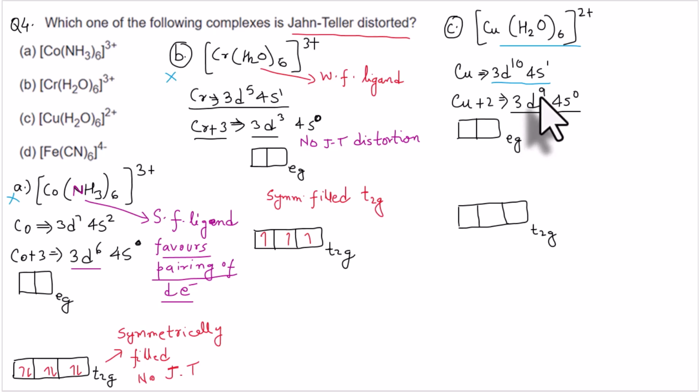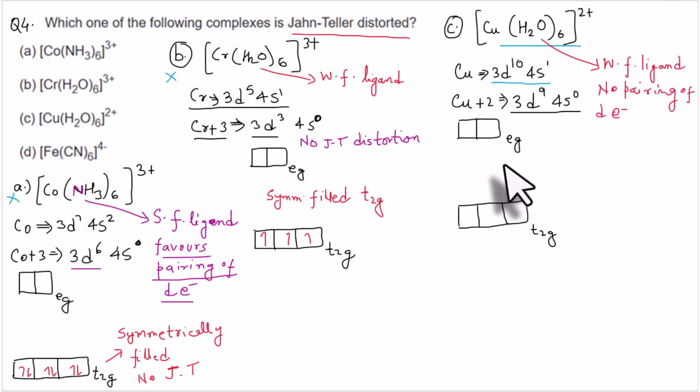How to arrange these? Again we have aqua ligands, which are weak field ligands and will not favor pairing of d electrons. Either way, if we fill 9 electrons in t2g and eg orbitals, there has to be asymmetry.